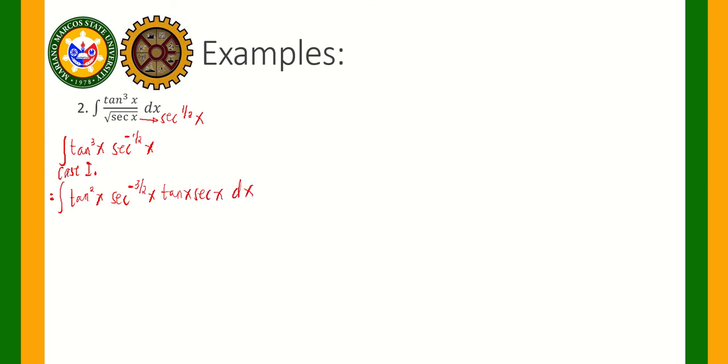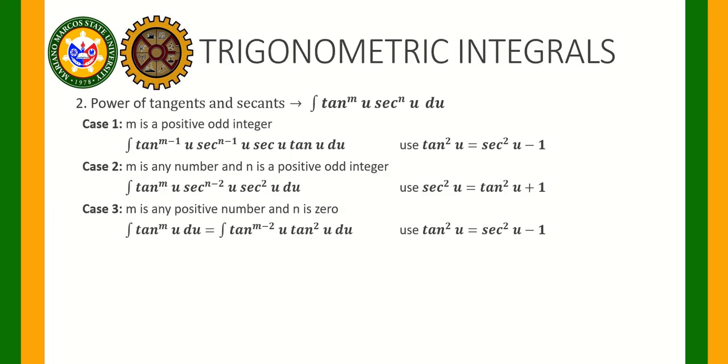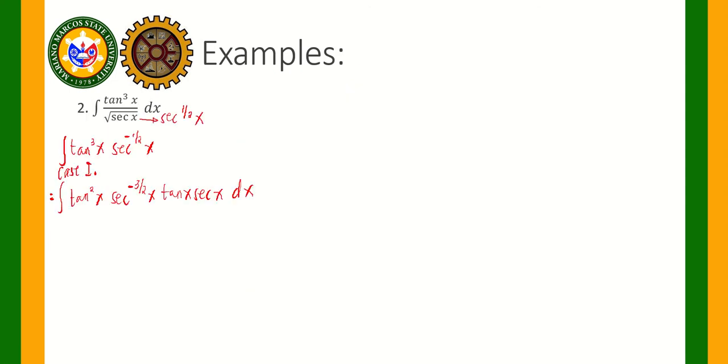Okay? So from there, ano i-substitute natin sa mga values natin? So si tangent squared u magiging secant squared u minus 1. So this will be equal to secant squared x, kasi hindi tayo nag-let u, secant squared x minus 1 times secant negative 3 over 2x times tan x secant x dx.